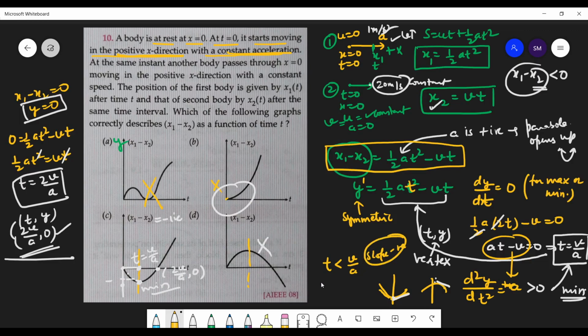This is what we were writing. And after v by a, slope is positive. See, after time v by a, slope is positive, and before it, negative. So that's the property of a minima. So I hope with this discussion, all these points are clear to you.